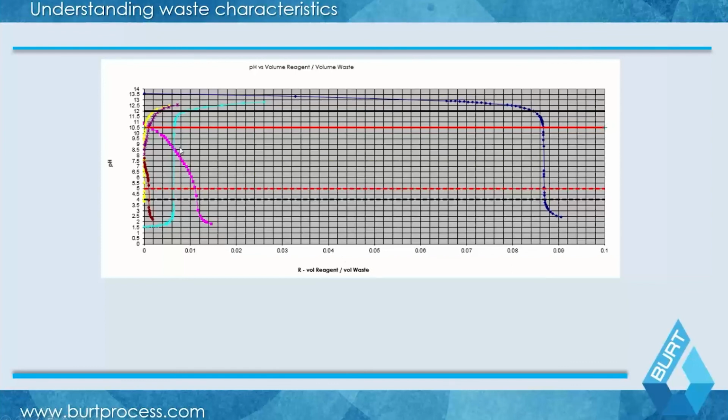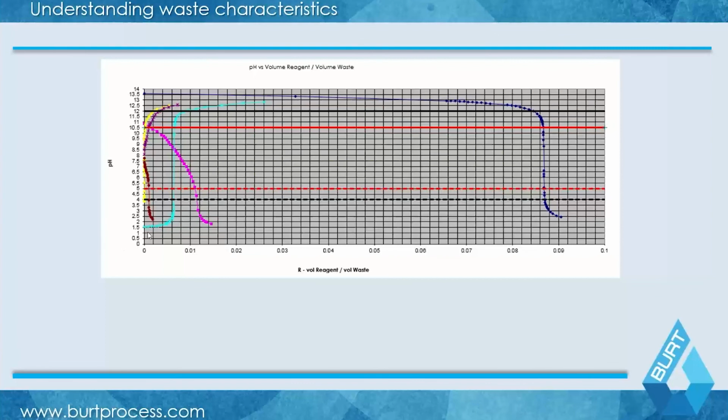This light purple line is what you would typically want to see for standard pH neutralization. As I'm adding my reagent, I have a very linear curve down to 7, and then it continues down. This is actually titration data, so it's overextended past the neutral mark in this case. That's your perfect scenario here.